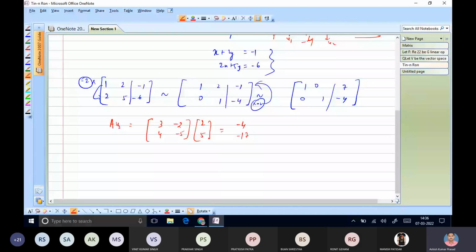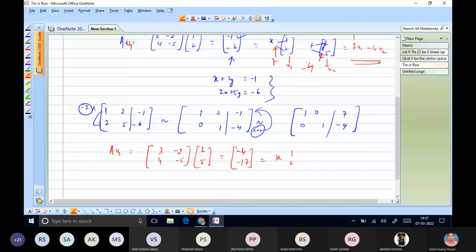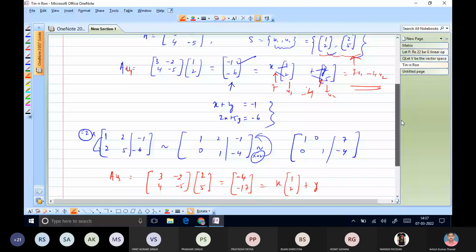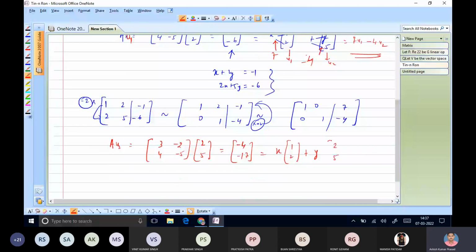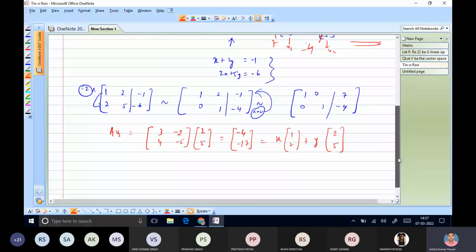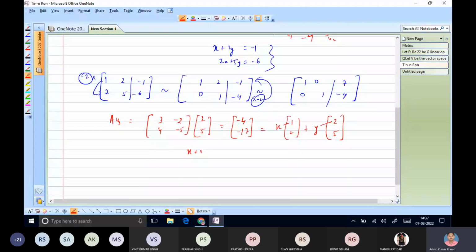So I have to write this as a linear combination of u1 and u2. So x u1 plus y u2, u2 is 2, 5. Okay. So from this I will get my system: x plus 2y equal to minus 4, and 2x plus 5y equal to minus 17.